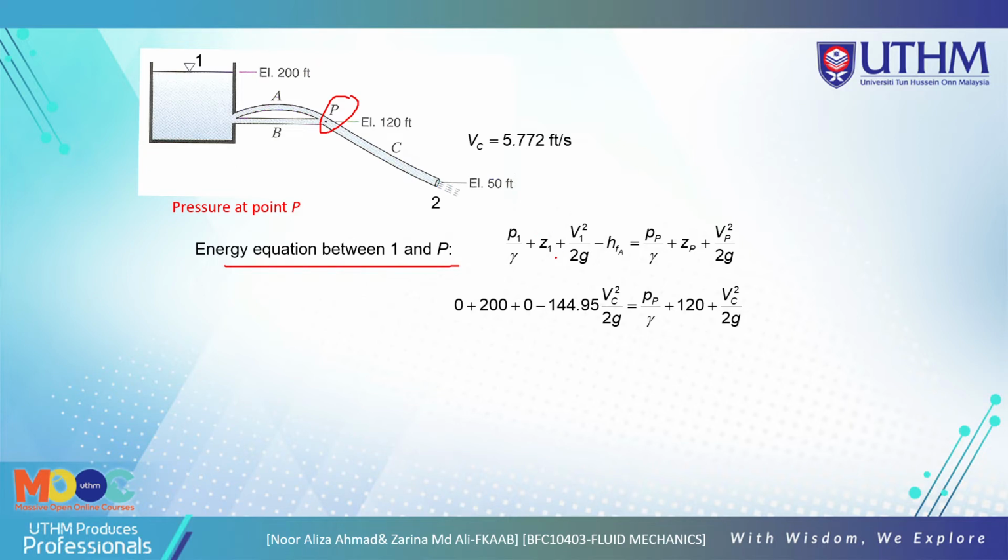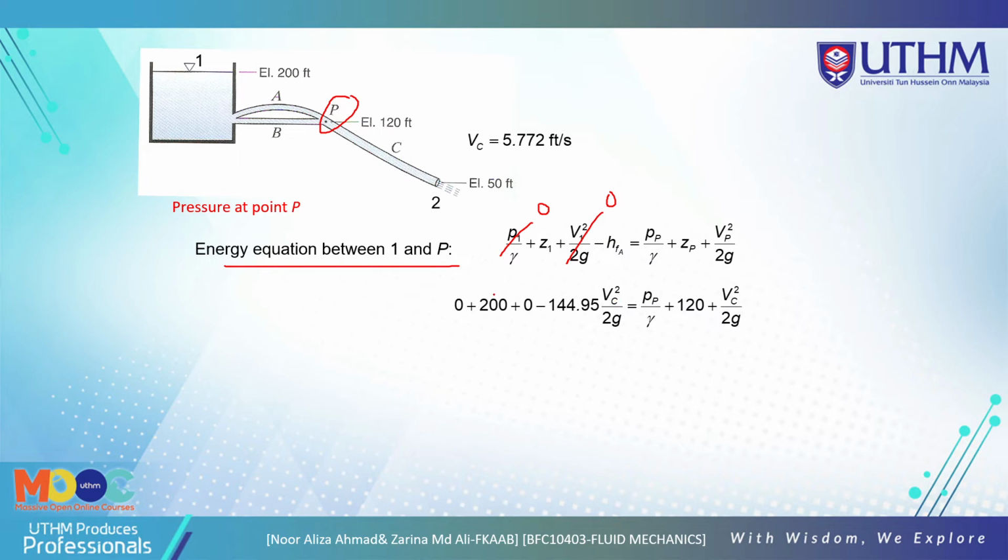So you get the energy equation here. P1 is also 0, and we have the PP here, and ZP is 120, and the VP is the VC here.